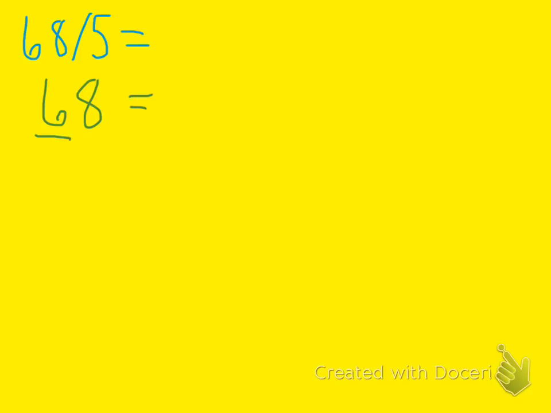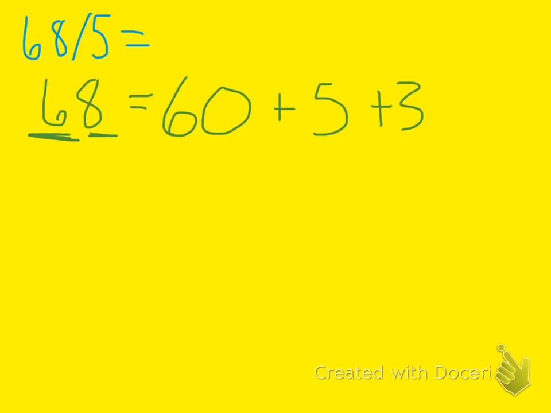I know that 60 is a multiple of 5. And I know that if I break the 8 into smaller pieces, 5 is a multiple of 5. And then I have 3 left over to equal 68.